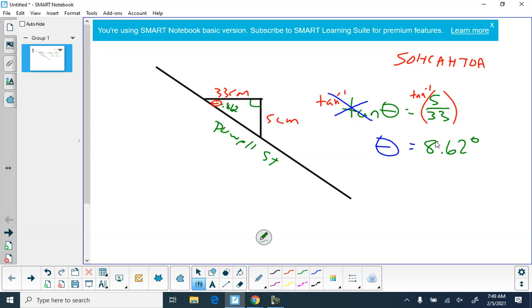So that's my angle, 8.62 degrees. While she waited, Wendy went up the top of the block, counting 101 paces. She is tall and figures each pace is 1 meter long.